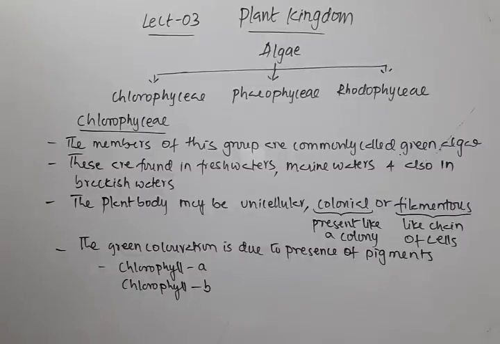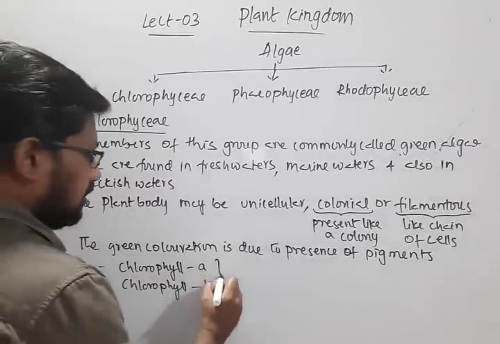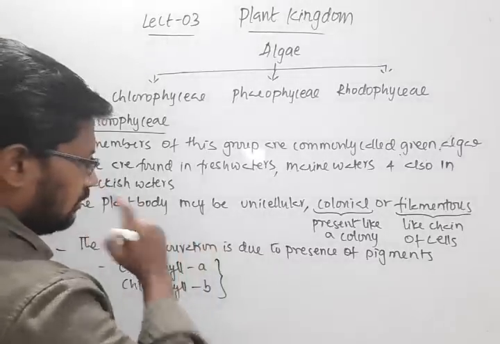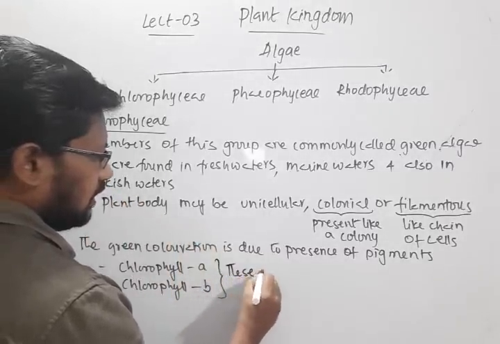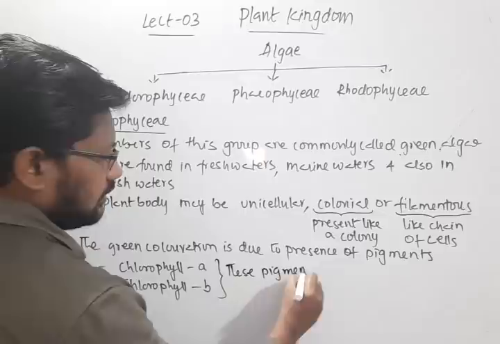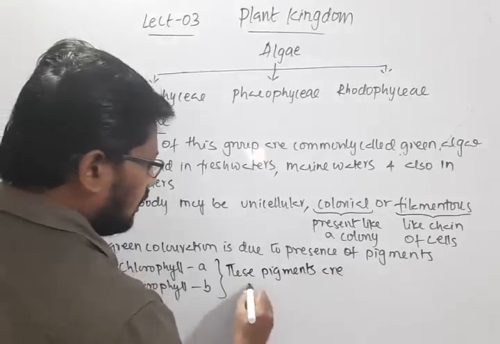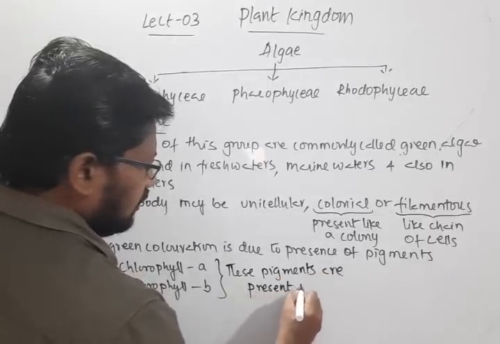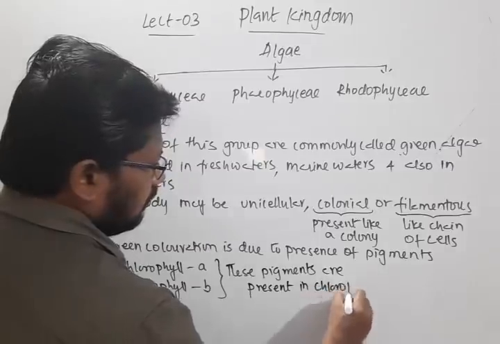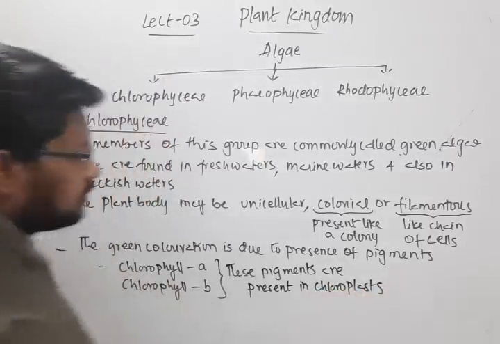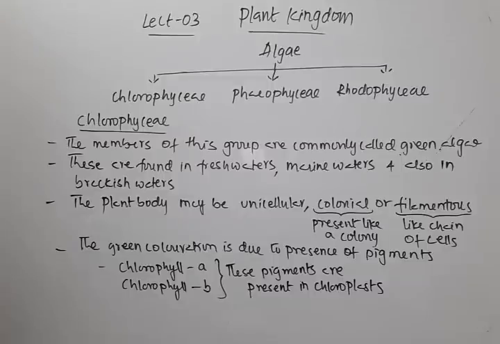Where are these pigments present? These pigments are present in chloroplasts. Chloroplasts are cell organelles mainly involved in the process of photosynthesis.